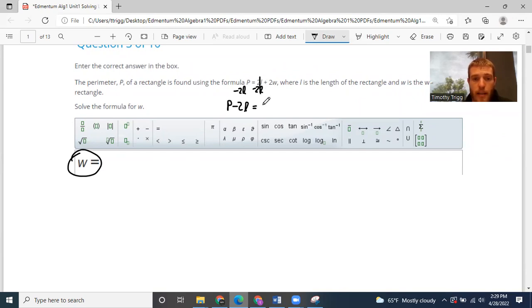That leaves us with just 2W here on the right. To get W by itself, we divide both sides by 2. And that's your answer. So make sure P minus 2L over 2. Make sure to use this fraction tool right here when you type this one in.